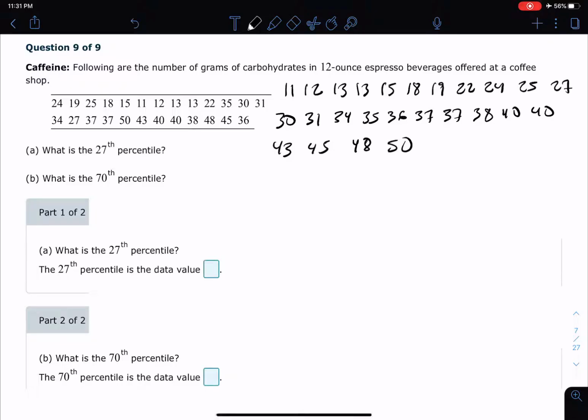And I hope I didn't miss anything. Does it tell us how many? No. Let me count: 1, 2, 3 up through 25. Good. Okay, so I think I've got them all there.